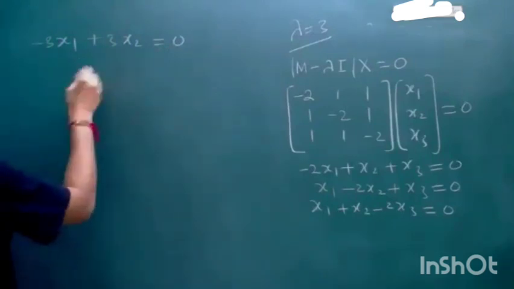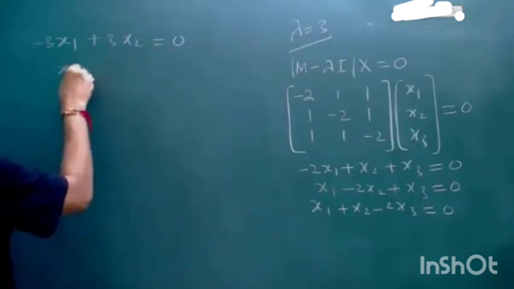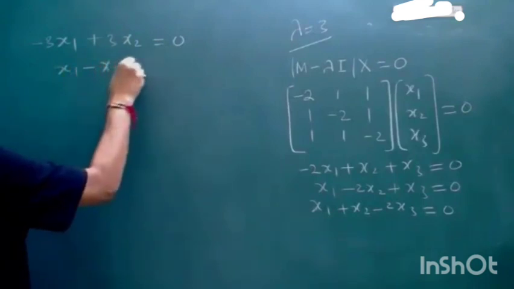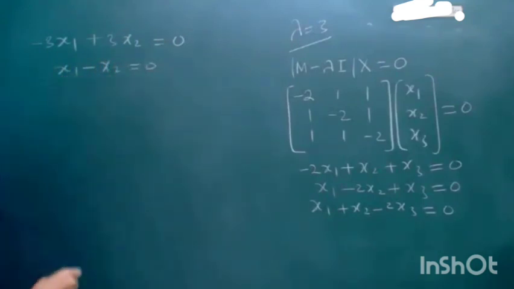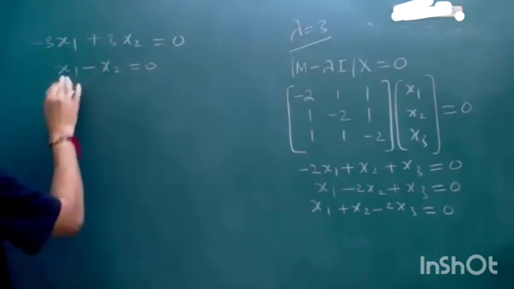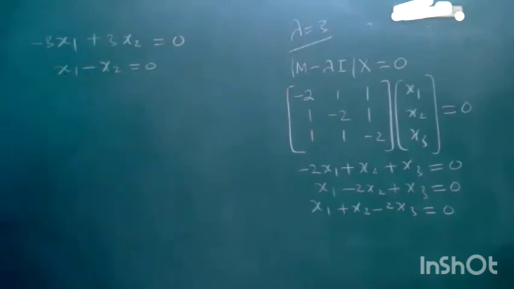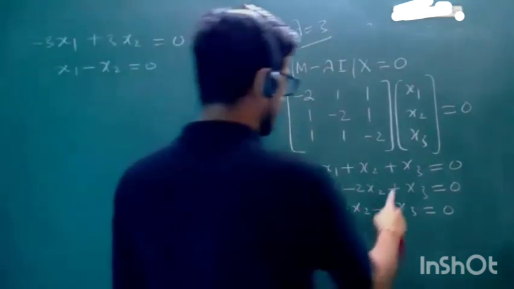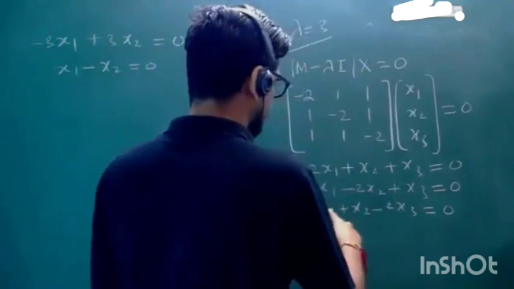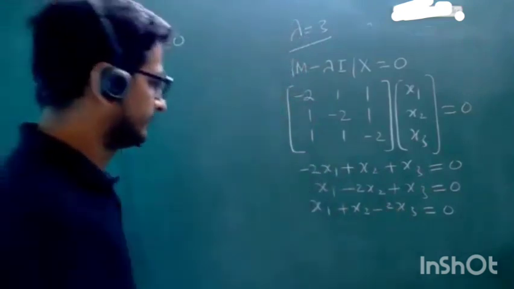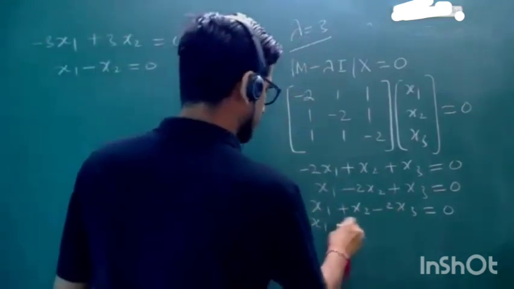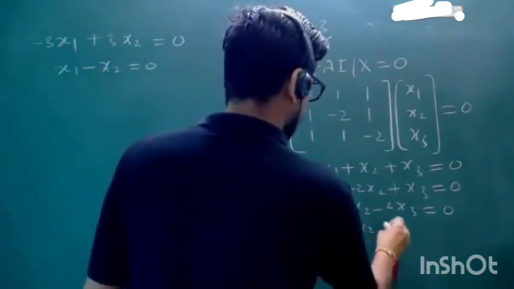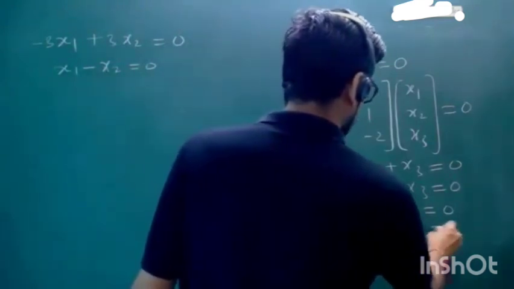So it will become x1 minus x2 is equal to 0. So this is the equation, and if you just multiply it by 2, then what you will get? 2x1 minus 4x2 plus 2x3 is equal to 0.